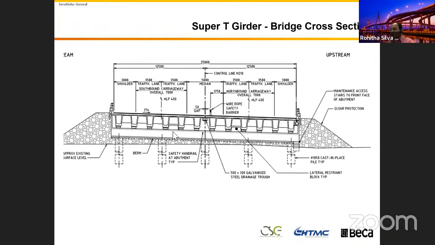We can just support this one on a horizontal beam or headstock, and then we can support that one on a pile. And then you can see around that bridge, between the bridge level and the ground level, there is still about 3 to 4 meters level difference in here. If you see this line, it's about 4 meters. Because of that, you have to protect around your bridge, as I described before.